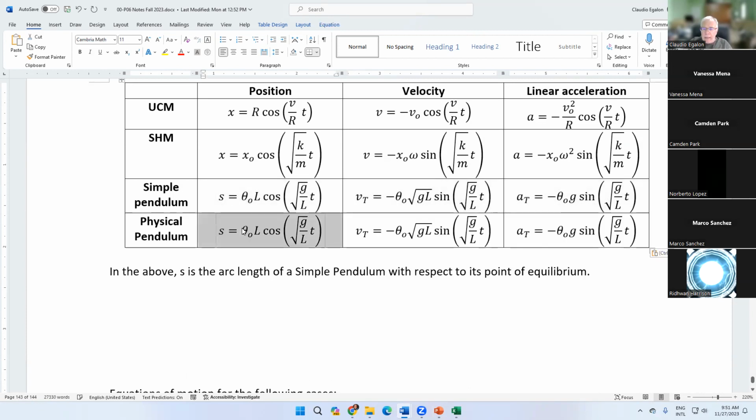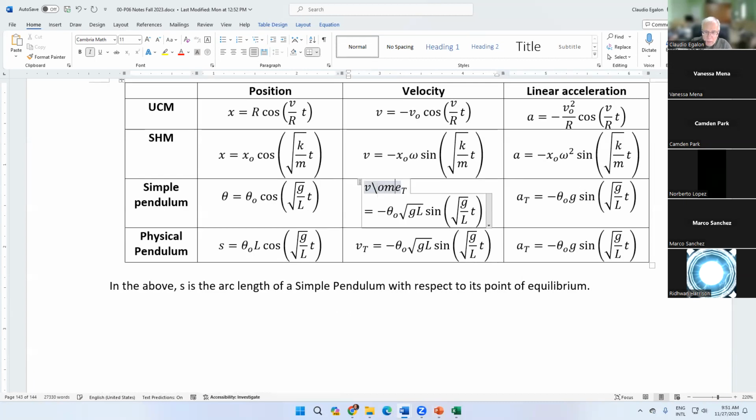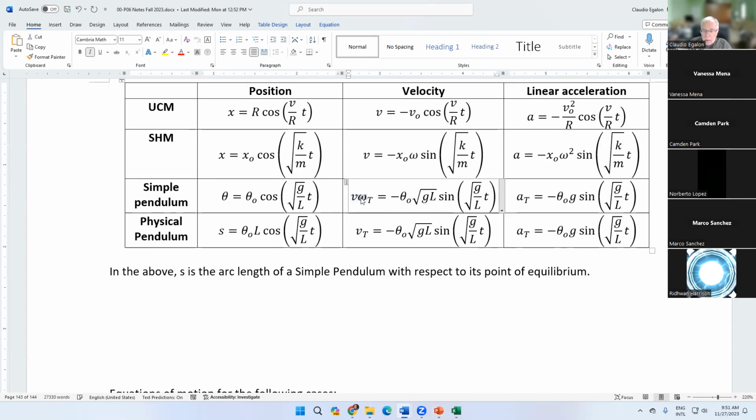Instead of using s, I'm going to use theta here, just to simplify things. And this one is going to be omega. Don't forget, it's an omega prime for angular velocity, and that's going to be alpha.